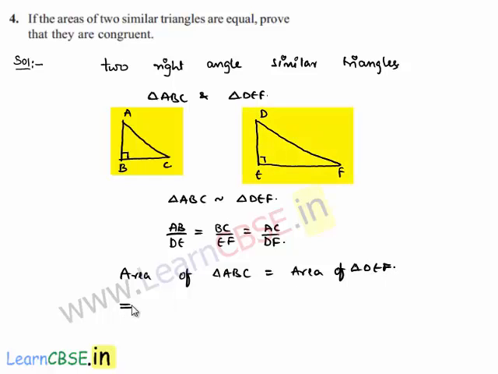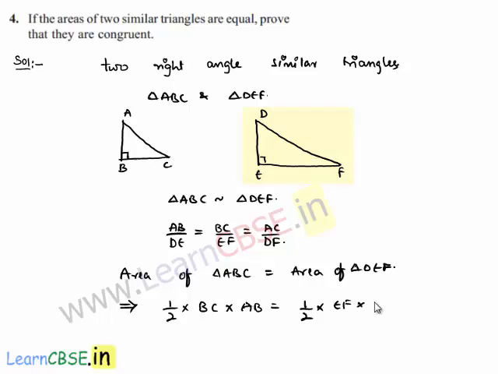Then it becomes half times base BC into height AB is equal to half times base EF times height DE. That implies half and half will be cancelled on both sides of equality, and we can write this as BC by EF is equal to DE by AB.